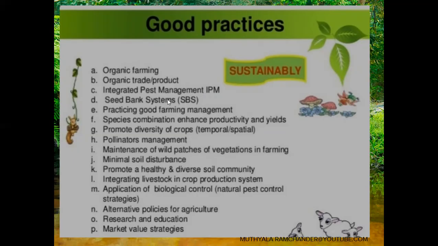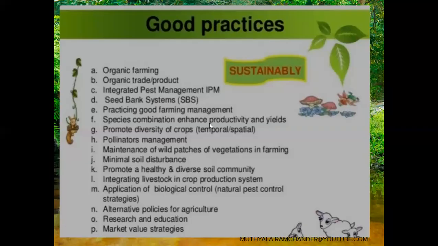And seed bank system, which quality of seeds are used in the agrobiodiversity. They produce different good quality of harvest. And practicing good farming management is also applicable for the good practices for the enhancement of agrobiodiversity.